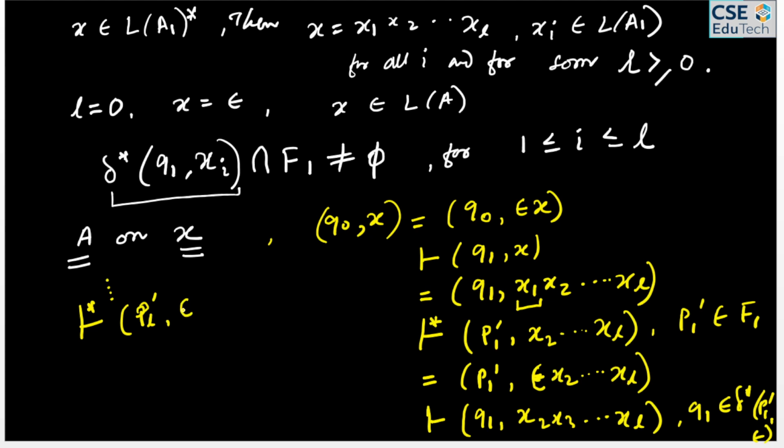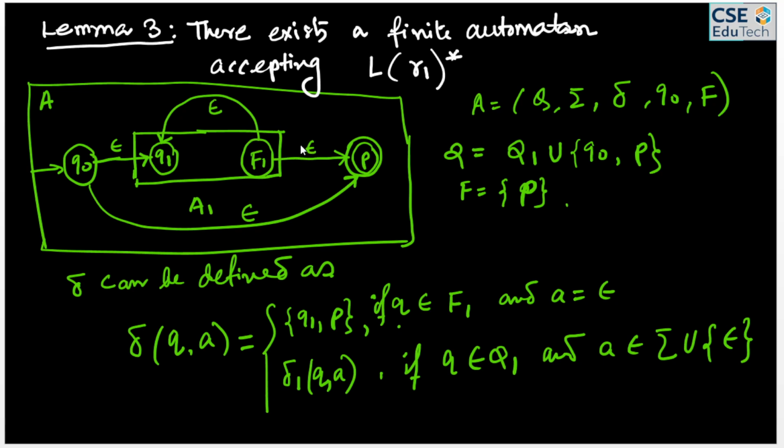So you can write epsilon. Now pl dash also belongs to f1, one of the accepting states of f1. If that happens, you again have epsilon moves, so you can move back here or you can go to the final state, but now we have to move to the final state.